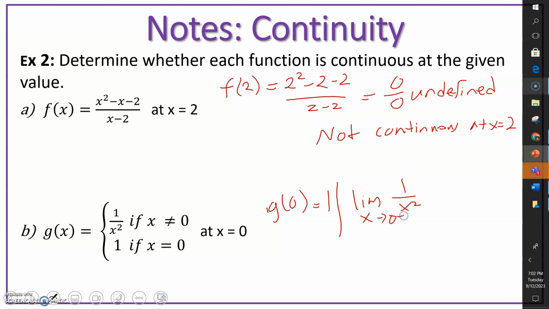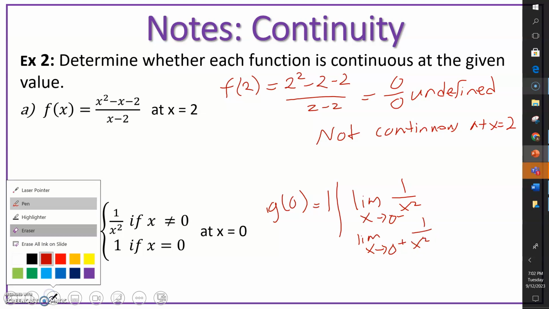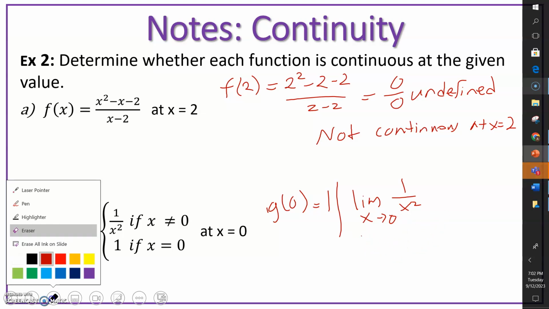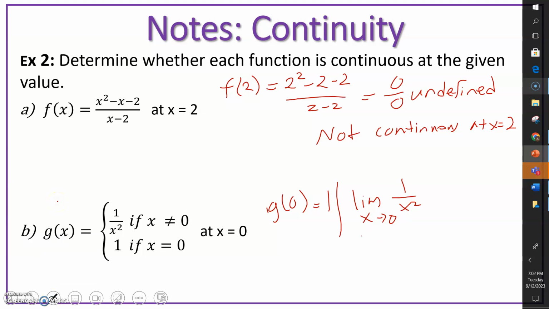We have to approach 0 from the left and from the right.